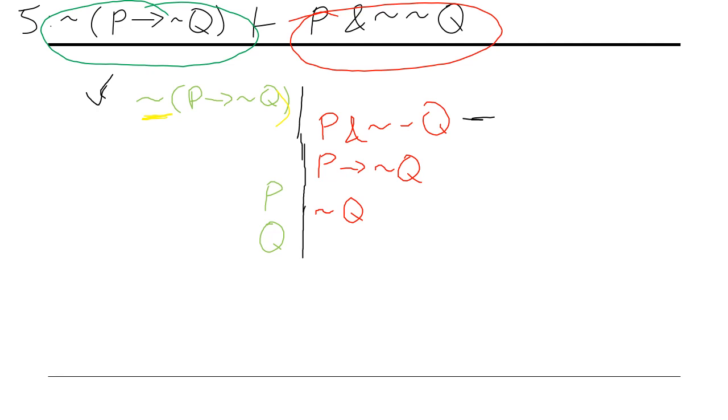And our conclusion, what's the main operator here? What's the ampersand? Now you may have not seen two tildes together, but that's completely fine. That's just saying not a not Q. You can have an infinite string of tildes. Well, maybe not an infinite string because it's got to be finite at some point, but you can have as many tildes as you want in front of a letter, and it's just keeping on not.